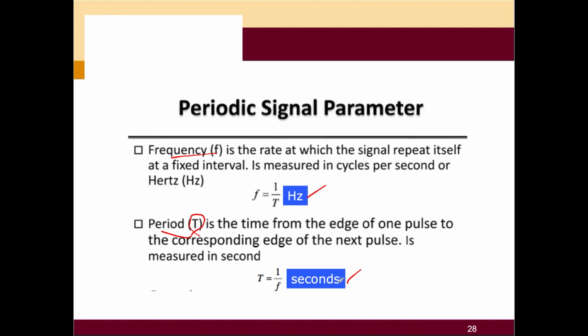So over here you can see how they correlate to each other: f equals 1 over T, where T is your period. Same goes for your period: period, or time, equals 1 over frequency.